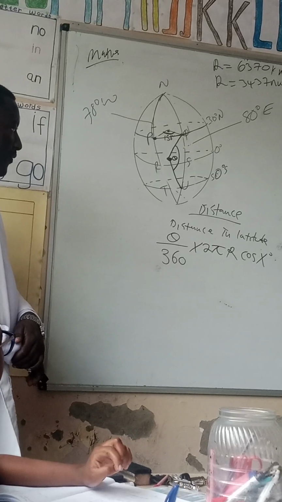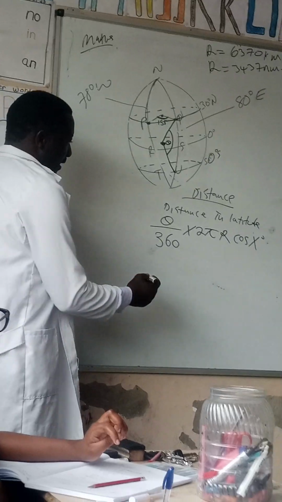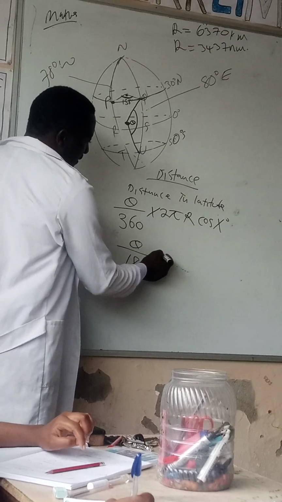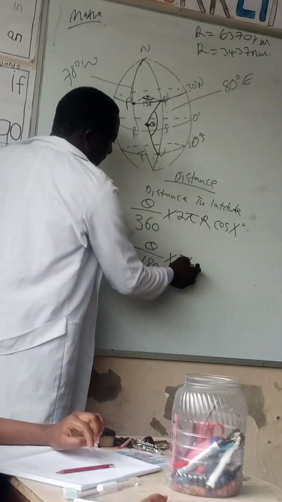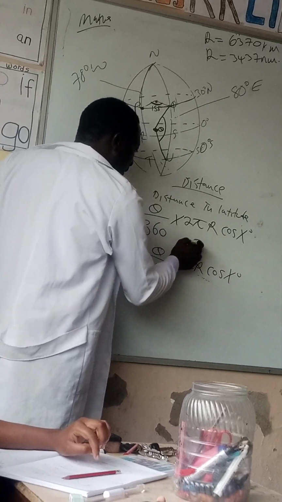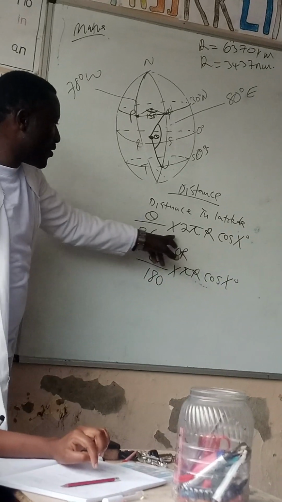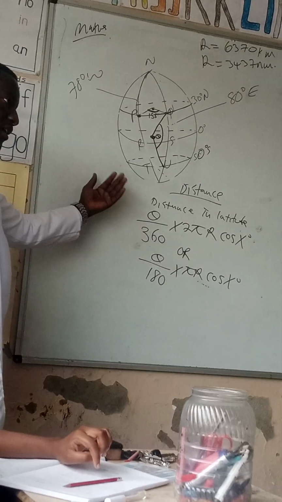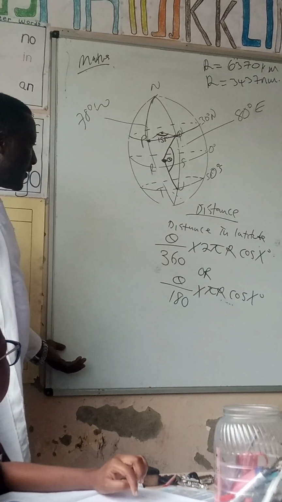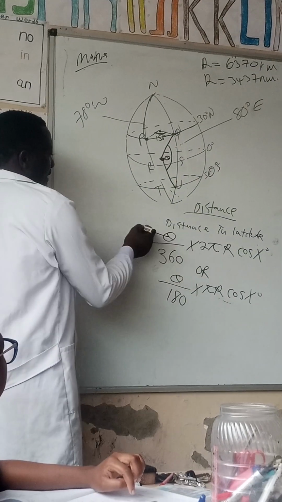Other teachers prefer to say theta over 180 times pi r cos x degrees. These two formulas are one and the same, because I can simplify 2 over 360. Whichever you remember first, it's one and the same. It's okay.